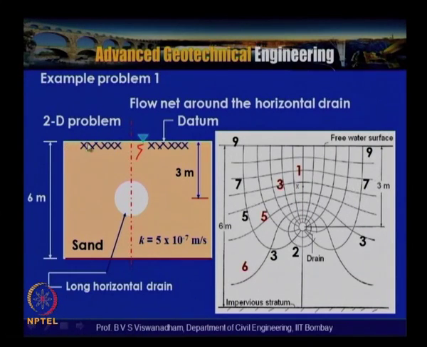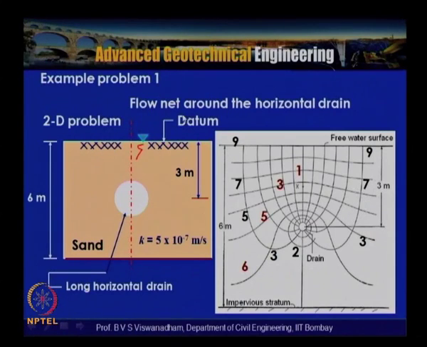In this case there is a ground surface, and it is a two-dimensional problem because it is basically a plane strain structure, where the length perpendicular to the figure is continuous in nature.